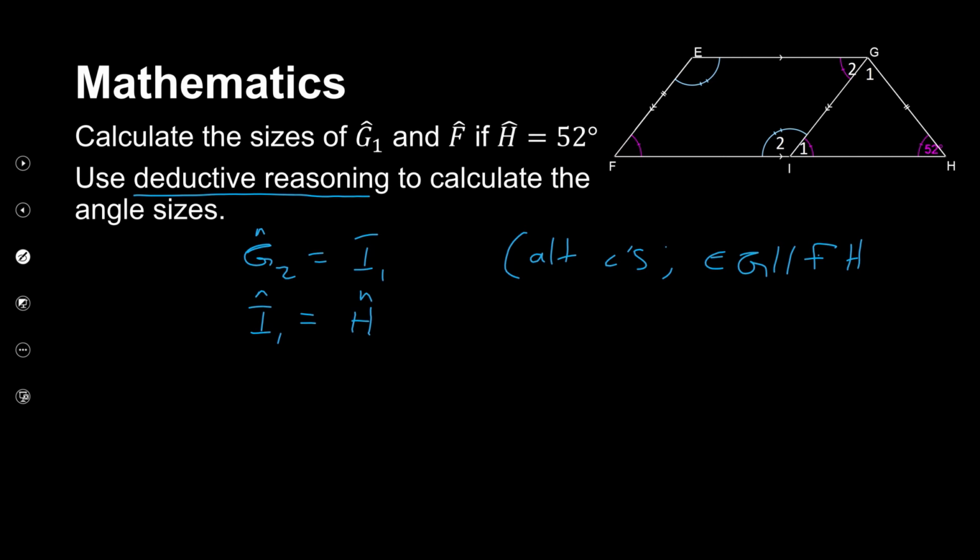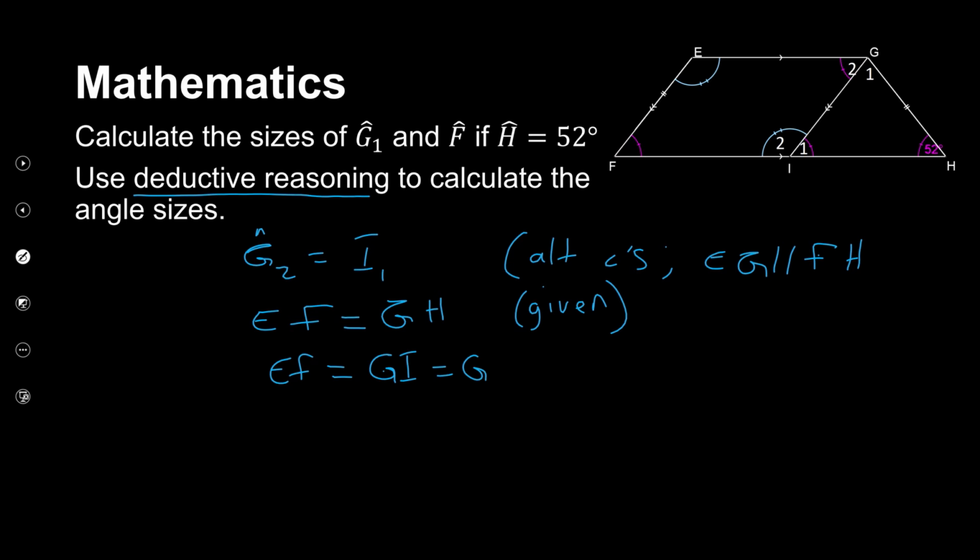But before that, I need to have told the person who's marking why I'm going to say these are angles opposite equal sides. So we first say EF is equal to GH, and this was given to us, right? But we know that EF is equal to GI, which will be equal to GH, and this will be because of properties of a parallelogram, which I will just write as PAM, that's short for parallelogram.